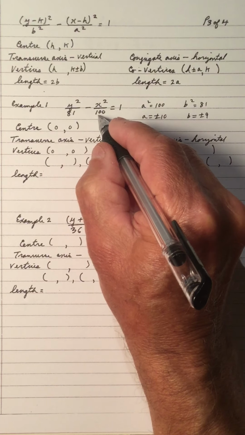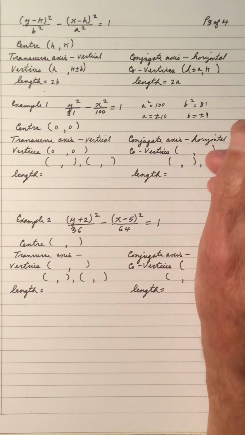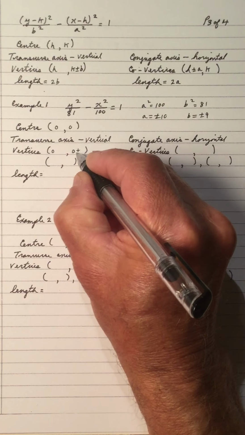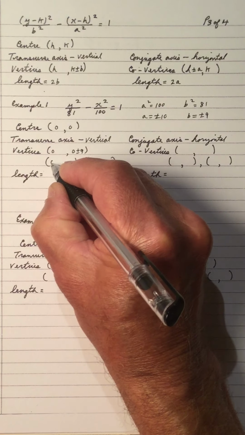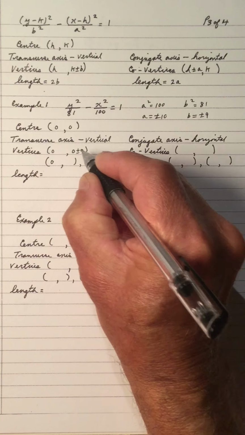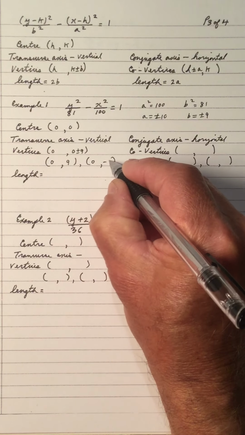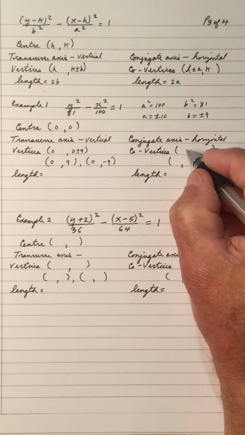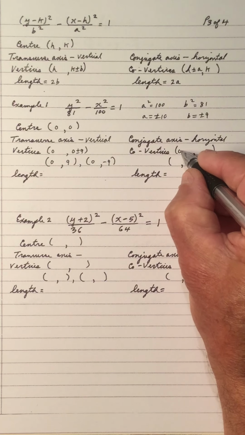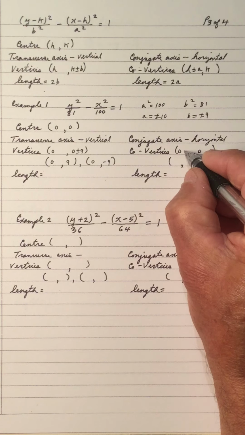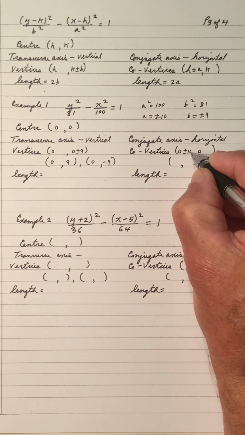Again, a is with the x, b is with the y. So because it's vertical, the b is added to the y value, plus or minus 9. So x is 0 in each case, and 0 plus 9 is 9, 0 minus 9 is negative 9. And the co-vertices, the center is 0, 0, but horizontal is the a values, so it's plus or minus 10.